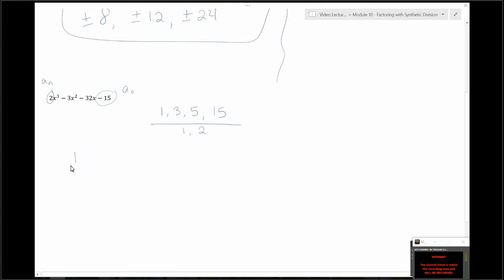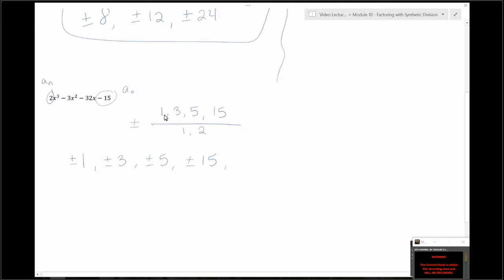So 1 divided by 1, which is just 1. We want to make sure we have our plus or minus. 3 divided by 1, which is just 3. 5 divided by 1, which is just 5. 15 divided by 1, which is just 15.